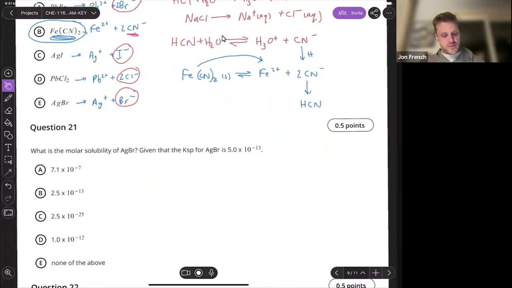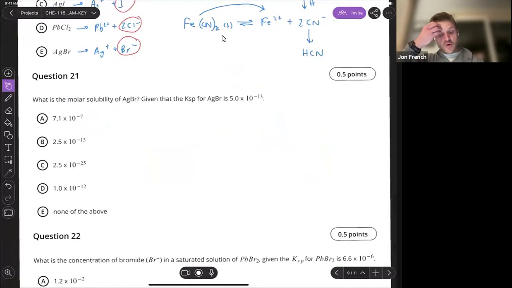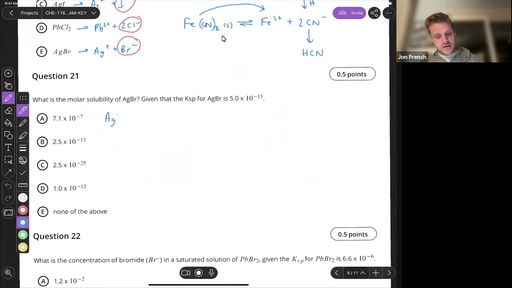All right, question 21. What is the molar solubility of silver bromide given the Ksp is 5 × 10⁻¹³? We know AgBr is going to ionize and give us silver +1 and bromide -1. So Ksp equals my concentration of silver times my concentration of bromide.